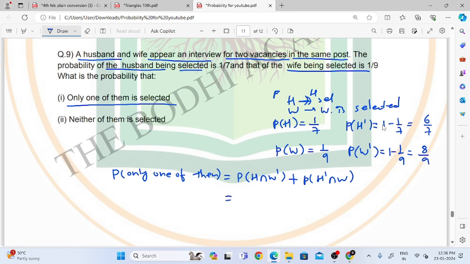So these are independent, so we can say P of H into P of W dash plus P of H dash into P of W. Okay, these events are independent, so we can convert intersection into multiplication. So the probability that the husband is selected is 1 by 7, wife is not selected is 8 by 9, plus husband is not selected is 6 by 7, into wife is selected, that is 1 by 9.